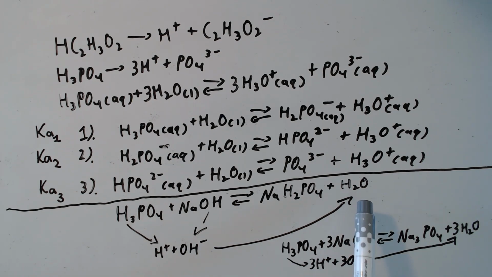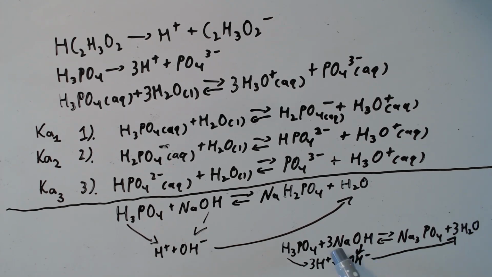Now let's say we add H3PO4 to 3 NaOH, 3 of these for every single molecule of H3PO4.